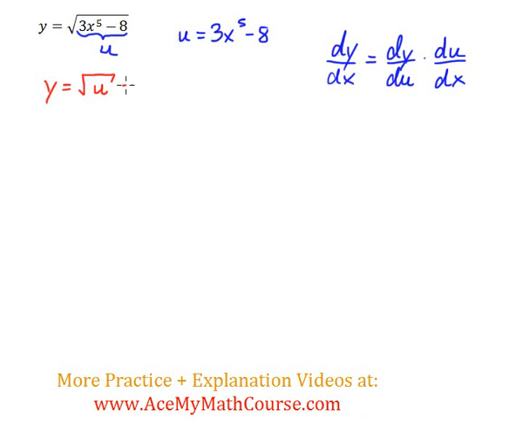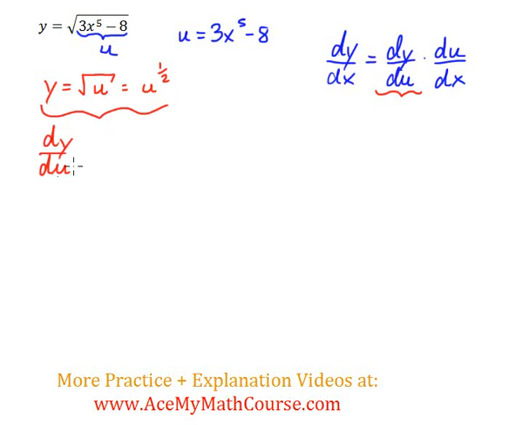Now, this is equivalent to u to the power of half, right? So when we have the square root, that's the equivalent of having the exponent of half. Great. So now to use the chain rule, we're going to need to determine dy du. That is the derivative of this function right here.